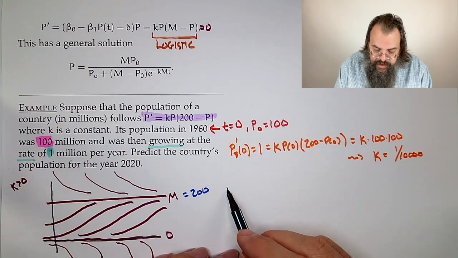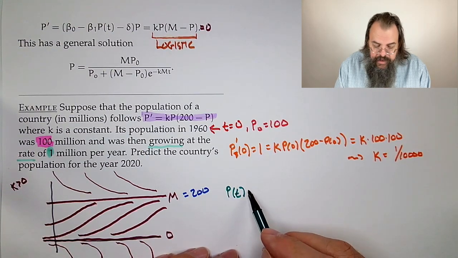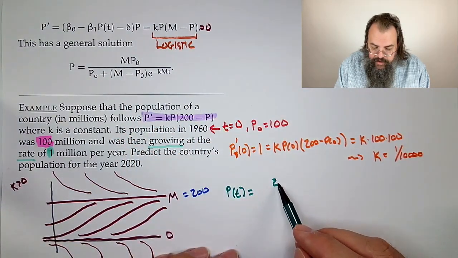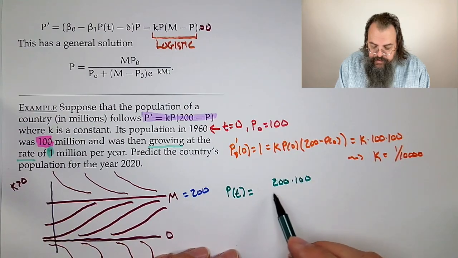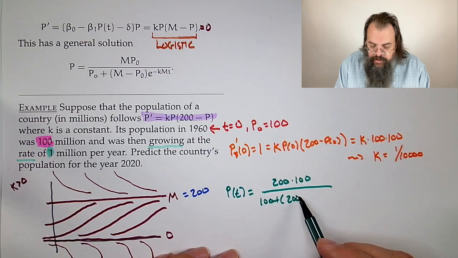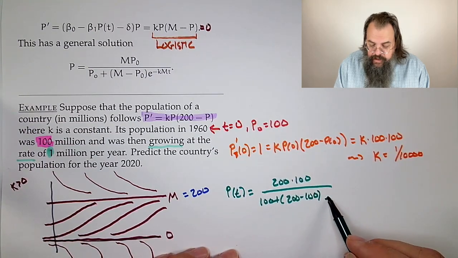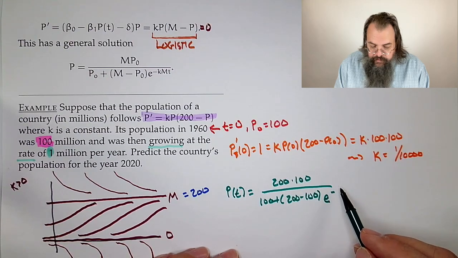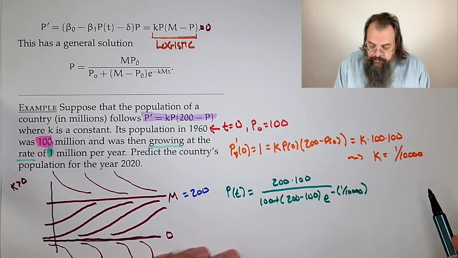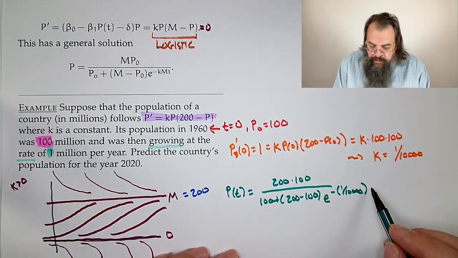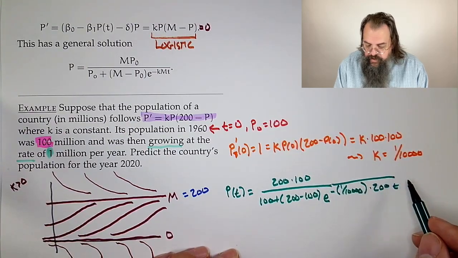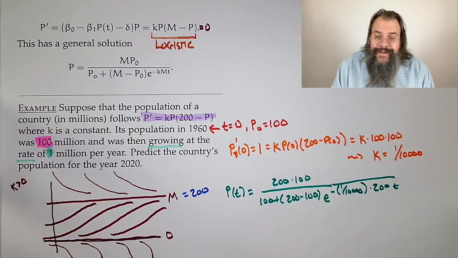We have our population at any given time is equal to, and now we start putting our pieces in, so 200 times 100 divided by 100 plus 200 minus 100, e to the minus, and there's a 1 over 10,000, and that's the K, times M, which is 200, times T. And there we go.